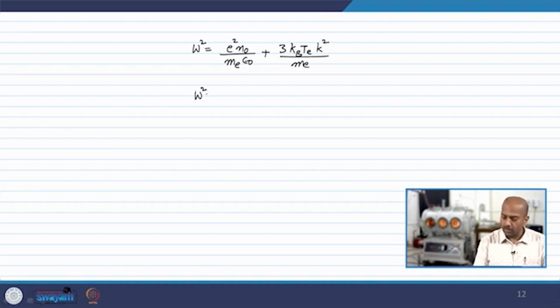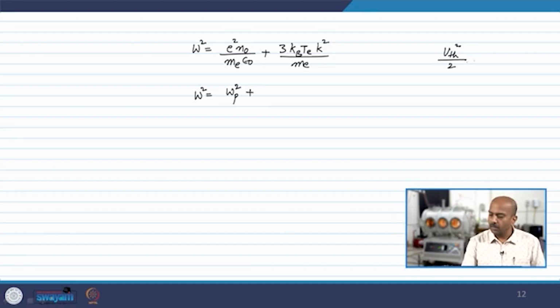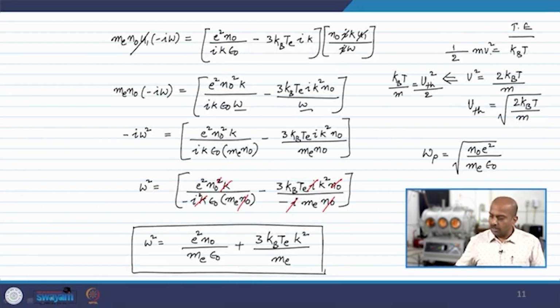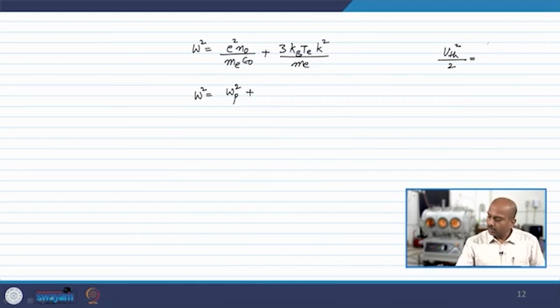So, omega square has to be rewritten as omega p square plus, so v_th square by 2 is k_B T_e by m_e. This part, k_B T_e by m_e, can be replaced as v_th square.